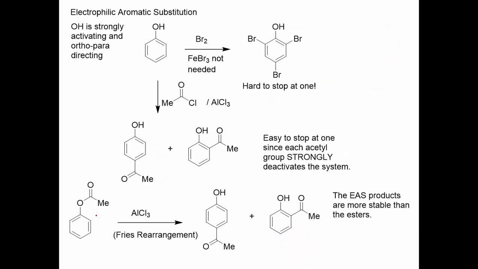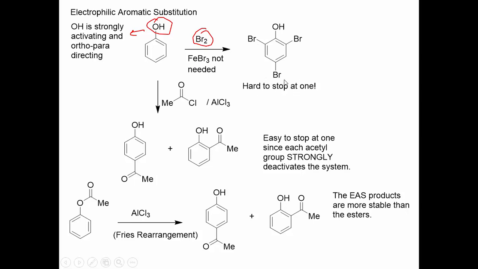Okay, electrophilic aromatic substitution. Remember that OH is a strongly electron donating group and an ortho-para director. It's such a good electron donating group that when you react it with bromine, you do not need any of this FeBr3, so Br2 all by itself will substitute the ortho-para positions.